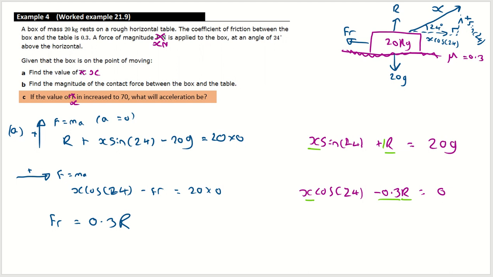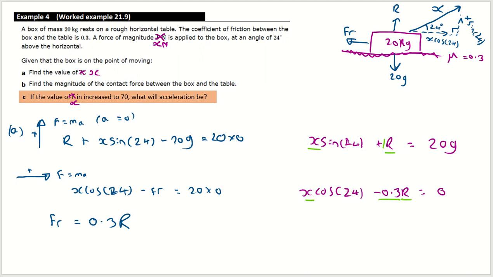So the first thing I'm going to type in is how many X I've got. Well, I've got sin 24. Normally the coefficient is written in front, but this is just how we've written them from the mechanics. So that's about 0.4. I've got 1R, so I've got 1, and then I've got 20G, so 20 times 9.8, that's 196. On the bottom line, I've got X cos 24, so my next one is cos 24, about 0.9.